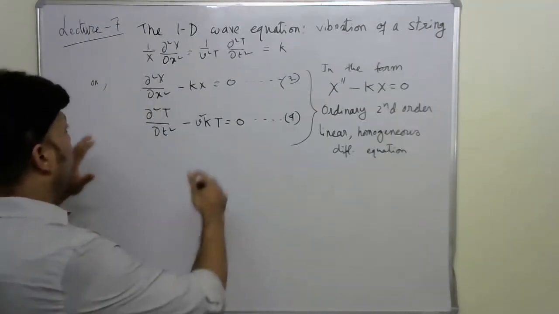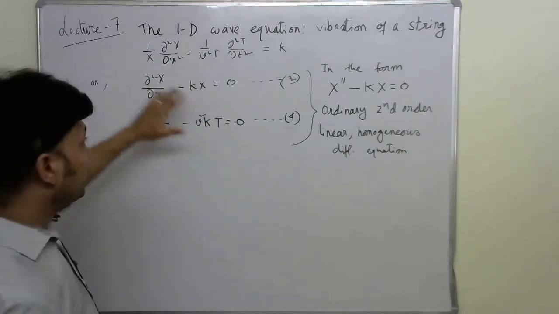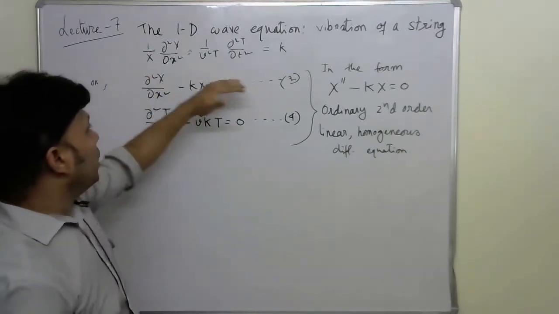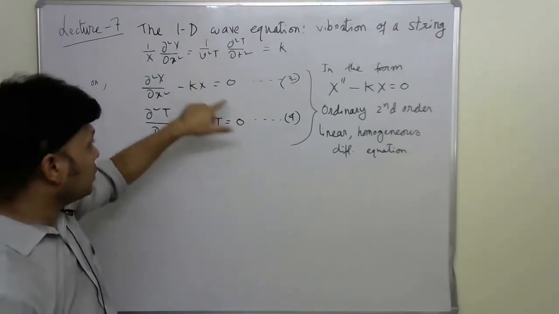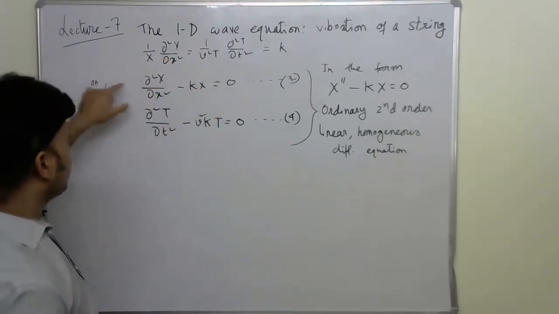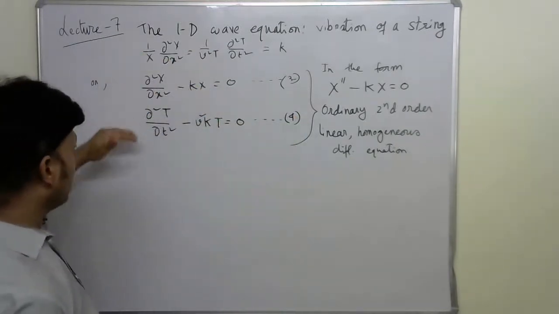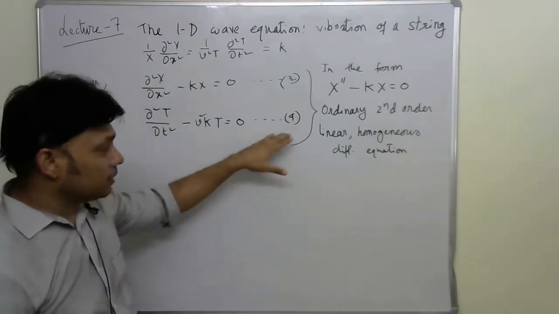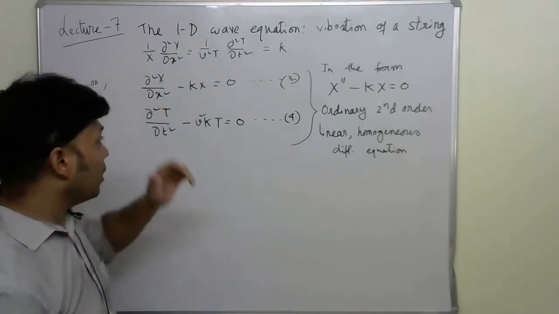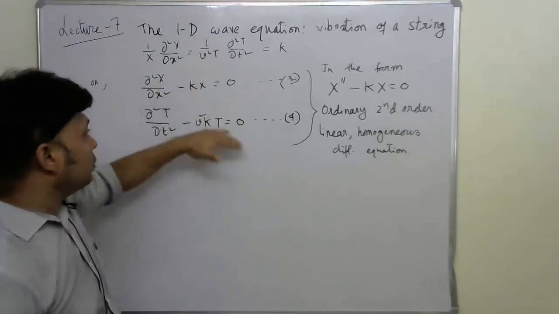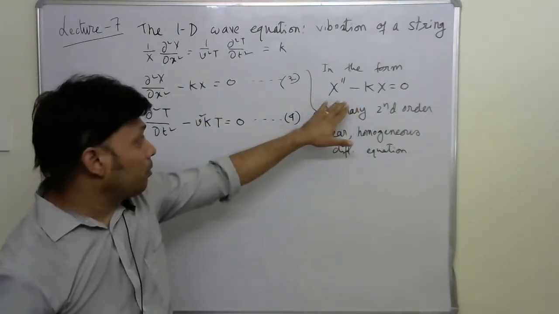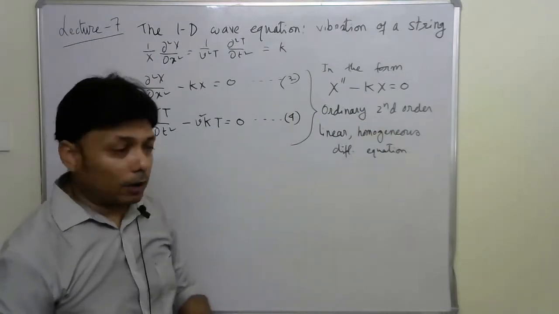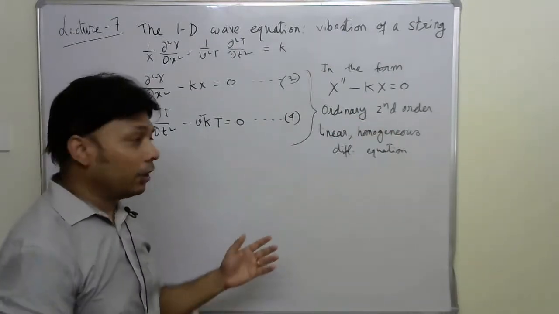Before we proceed further, we separate these into two simpler equations. The first we write as equation 3, and the second part, the function of t, is equation number 4. Both equations 3 and 4 are in the form X double prime minus kX is equal to 0, which you have already seen in earlier lectures.